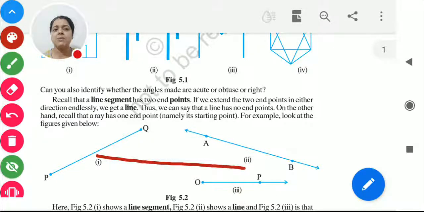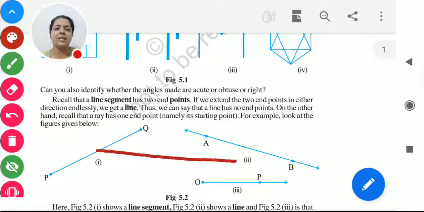Sometimes, if you don't put any stopper here, the line will increase from this side and from this side. But when we talk about a line segment, we put a stopper here and a stopper here, and after that it does not increase.